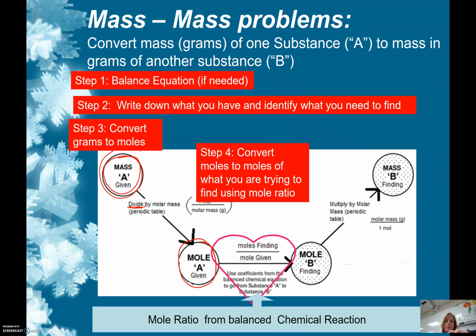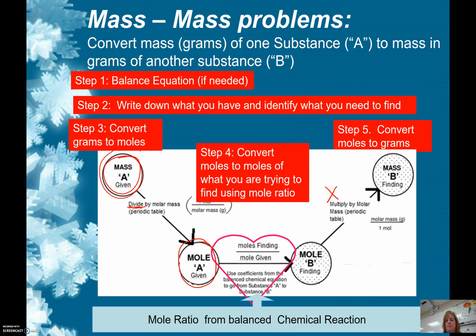The number on the bottom is the number in front of what we were given. So we're going to multiply by that ratio, and that's going to put us in moles of what we're trying to find. So then the last thing we're going to do is, we don't want moles, we want to go to mass. So we're going to multiply, right? Anytime you have moles, you multiply by the molar mass of the thing we're trying to find. Don't use the molar mass that you calculated before. You got to calculate another one.